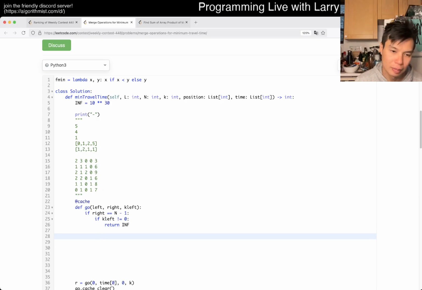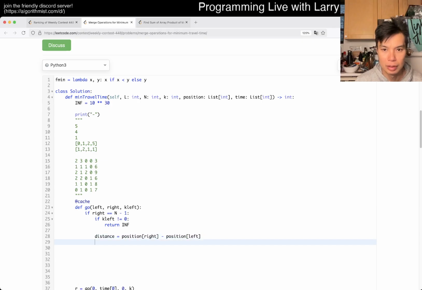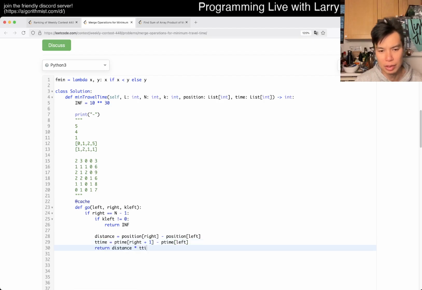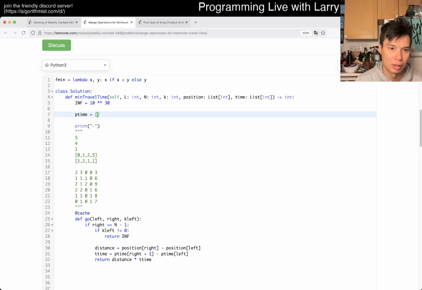Otherwise, then we want to get, distance is equal to, right. I mean, this is what I had the first time though, so I'm not like super confident about it either. That's why I'm pausing.